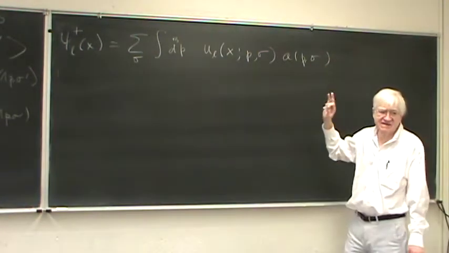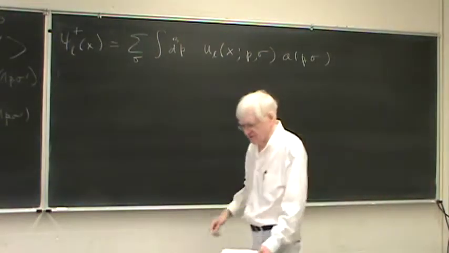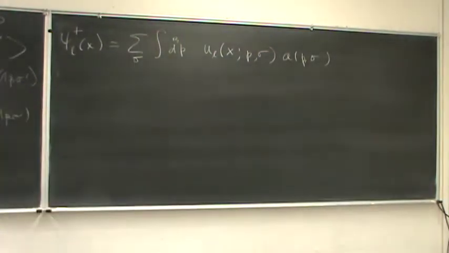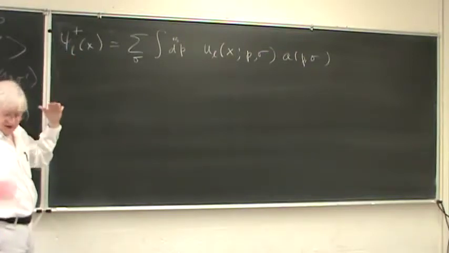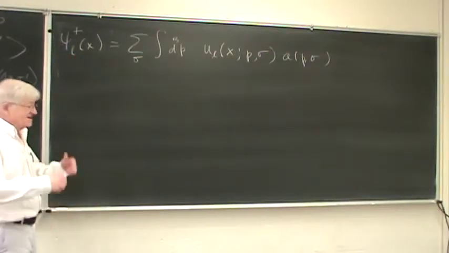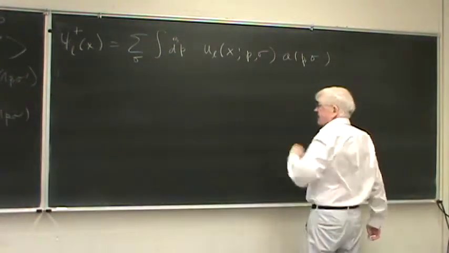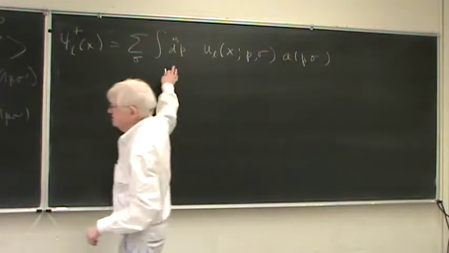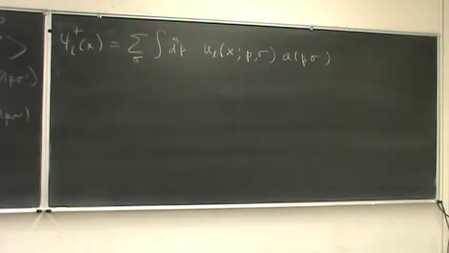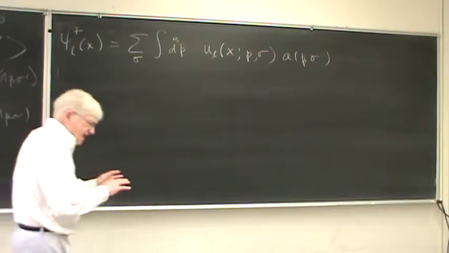So the basic thing. Remember, I said to you the quantum field theory is based on very few ideas. One of them is special relativity, which we're going through today. Another one is simplicity. Another one is the idea of fields. And then simplicity. The fields are just linear combinations of annihilation and creation operators. The annihilation operator is just the adjoint of the creation operator, and the annihilation and creation operators just map states into other states.